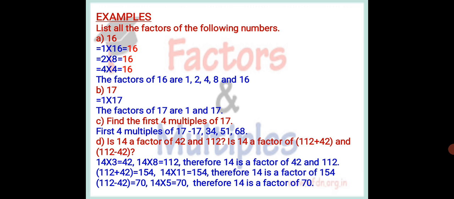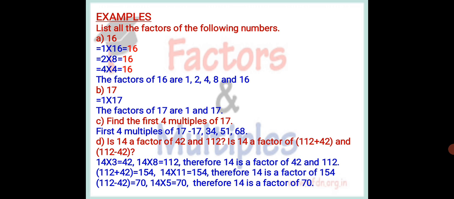Question number B. Find out all the factors of 17. Here what I am getting? 1 17 is 17 only. So the number 17 has only 2 factors, that is 1 and 17.